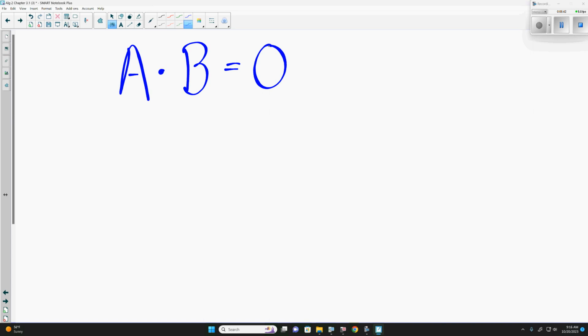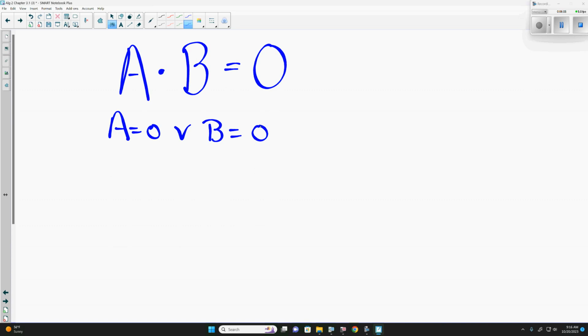So according to the zero product property, if I multiply any two things together and they equal 0, A is going to equal 0 or B. Mathematically, that V symbol is or. That's how we can write an or. So we're saying A is equal to 0 or B is equal to 0.